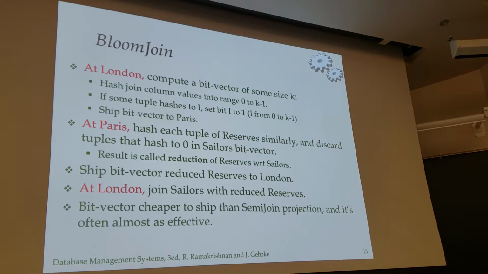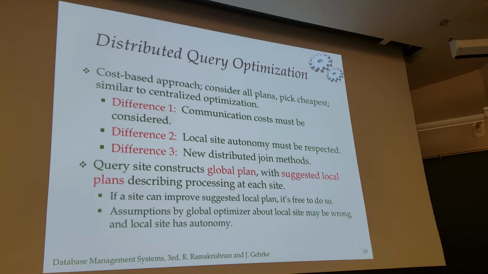Trade-off all the time. So the bit vector is cheaper to ship than the semi-join projection, and it tends to be pretty effective much of the time. You could be unlucky, but on average, it's going to be reasonable. It's a trade-off. How do you pick 128 bits and all the rest of it? Engineering is fun. Have to pick reasonable values.